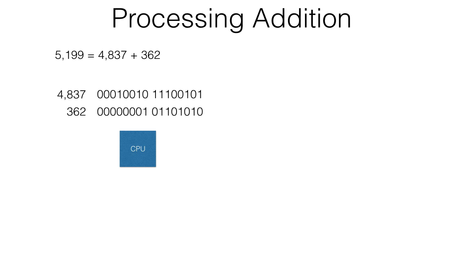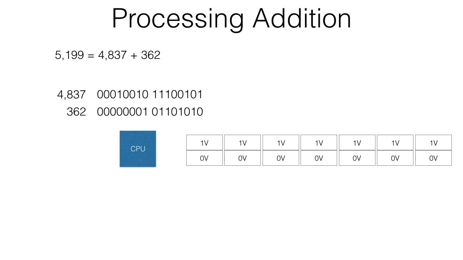And now I load that into the CPU. So instead of dealing with those very large voltages, instead I'm in a digital world. I can go through and I can go 0, 1, 0, 1, 0, 1, 0, 1, 0, 1. And I have individual circuits that are able to process this. And that's how I'm able to do it. I can string together all of these individual little circuits, these individual little gates.